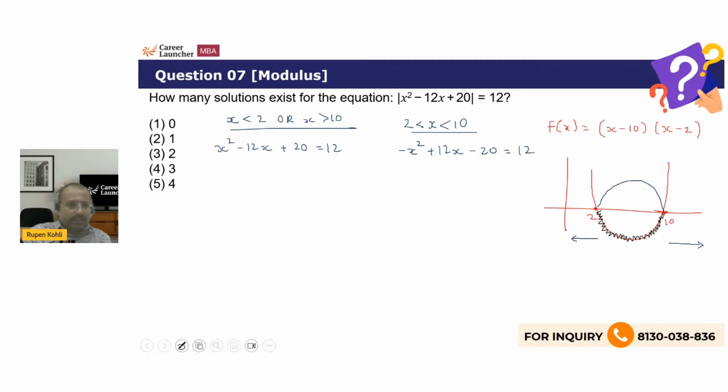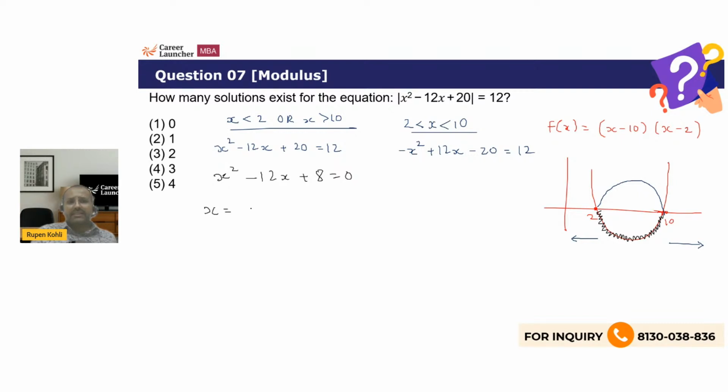So therefore, let's continue with the solution of both these quadratics. The first one is x square minus 12x plus 8 equals 0, since 20 minus 12 is 8. Am I getting a factorization over here? No. So let me calculate the values of x.